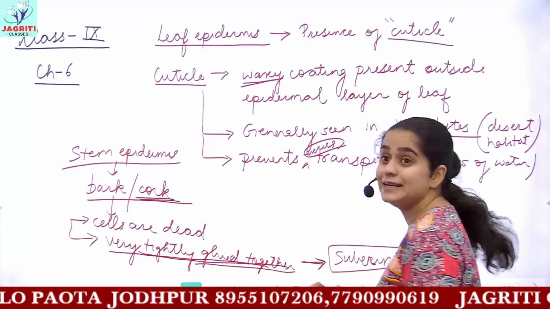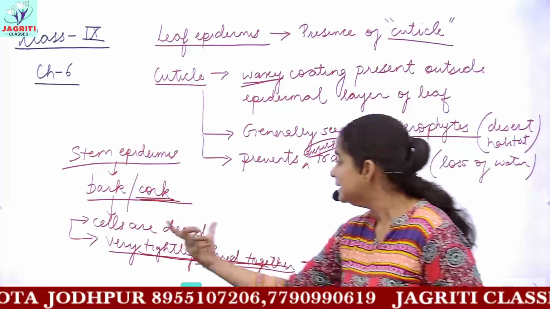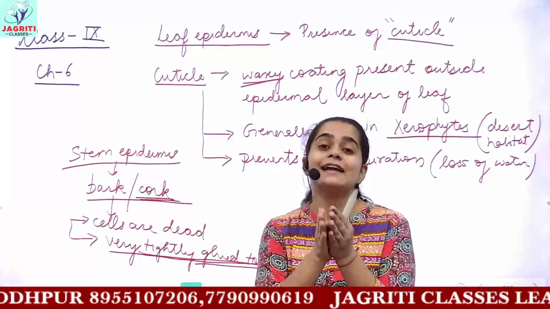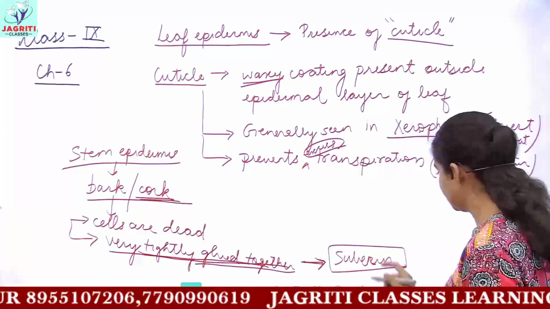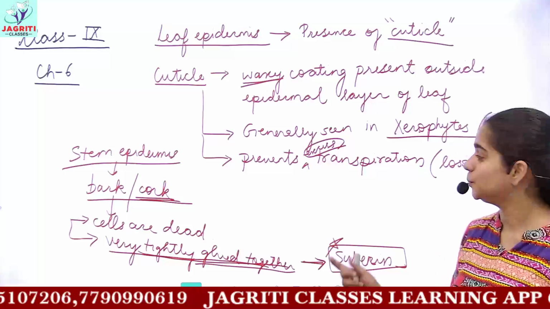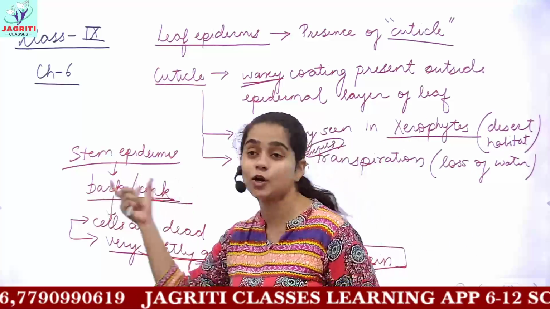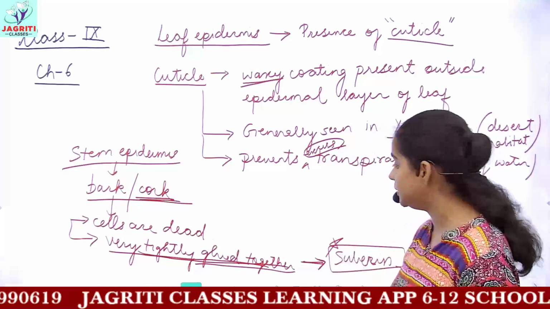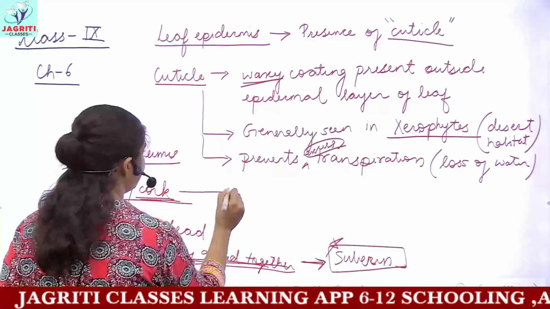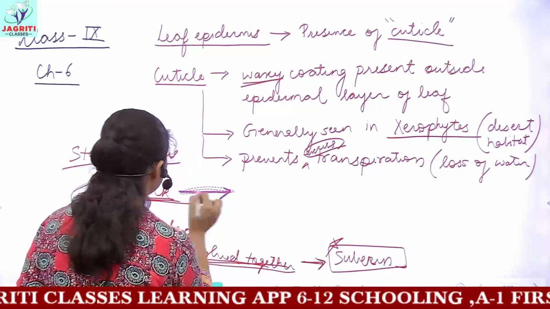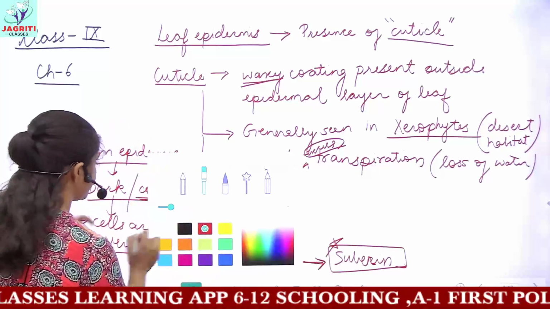So this suberin is responsible for making these cells of cork very tightly stuck to each other. So please remember the name that suberin is present in the cells of cork or bark, and the function of suberin is, or you can say the function of these cork cells or bark cells.